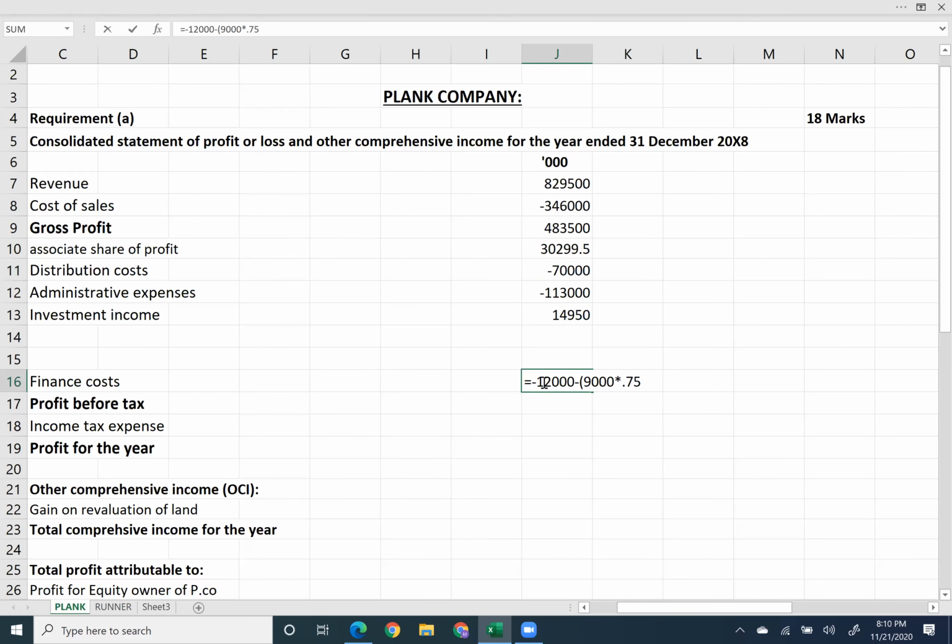I'm using negative signs because I want finance cost as a negative number.